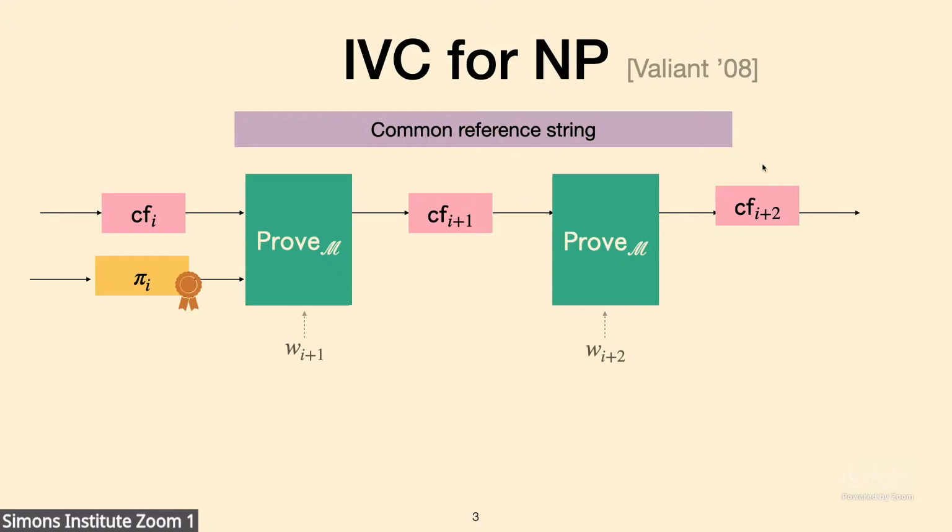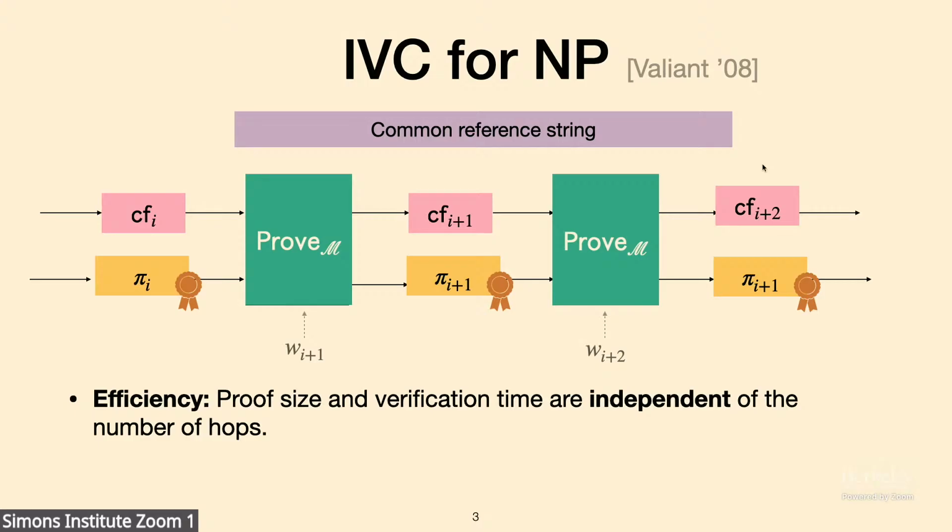So for example, at the ith step, you take in pi i as input, and then you output pi i plus 1, pi i plus 2, and so on. And the hope is that both the proof size and verification time are completely independent of the length of the computation so far. I'll use capital T to denote hops. I don't have it on the slide, but if you see T, that's what it means.